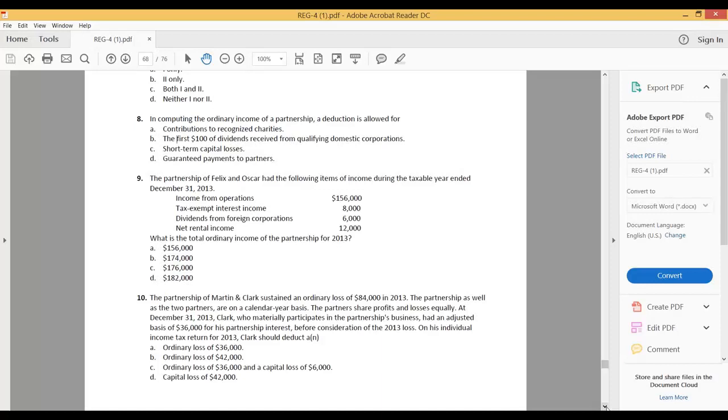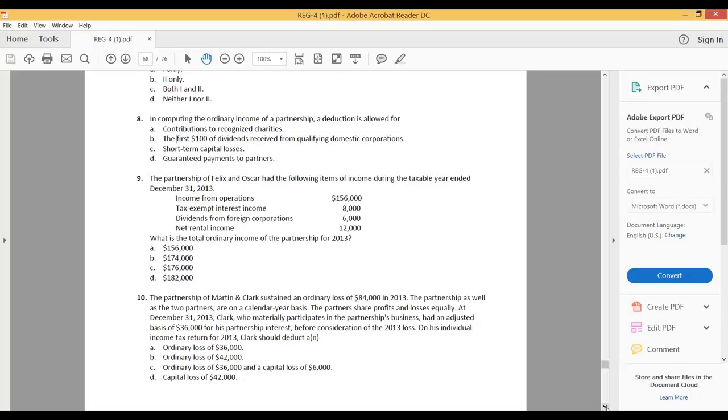So how do we do this? First of all, when we're talking about deduction of losses, we need to figure out if we have enough basis, right? We can deduct losses only to the extent of our basis. If we don't have enough basis, then they get postponed, right? The deduction gets carried forward to the future years.